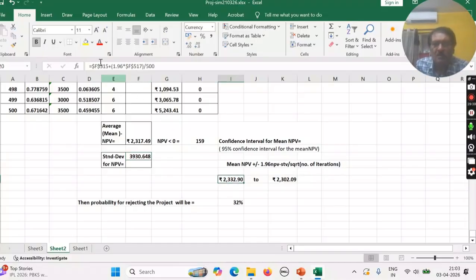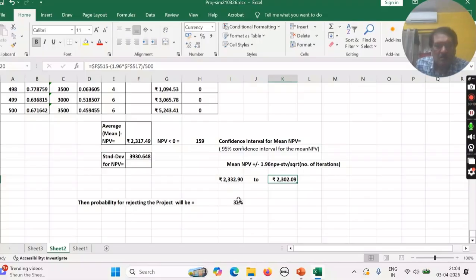This is the formula that I have noted here. I think you have the basic idea of applying formulas in Excel. This is for the 95% confidence level, the lower limit, and this is the upper limit. That means the lower average value will be 2333 and the upper will be this, the maximum limit.